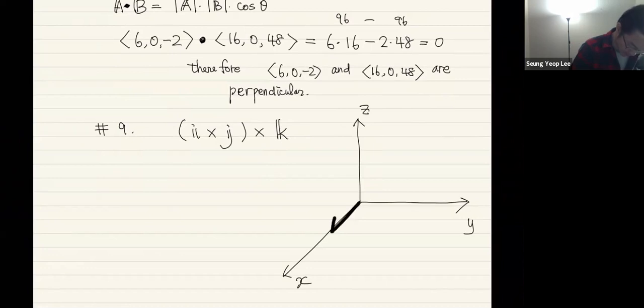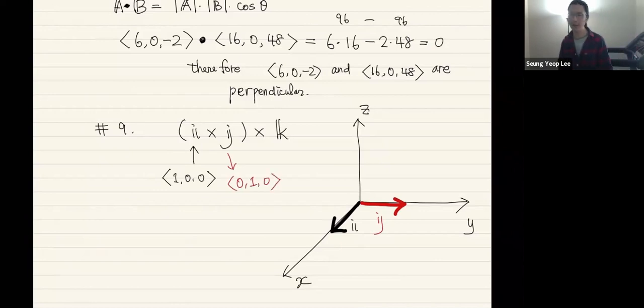And this vector is I, 1, 0, 0, that's I. And J is over here. This is J, 0, 1, 0. Okay, now I'm going to apply the right-hand rule.